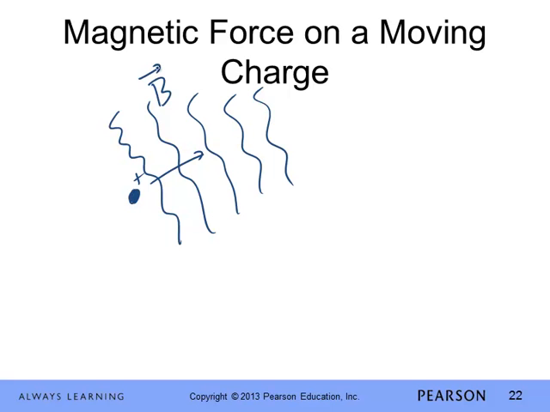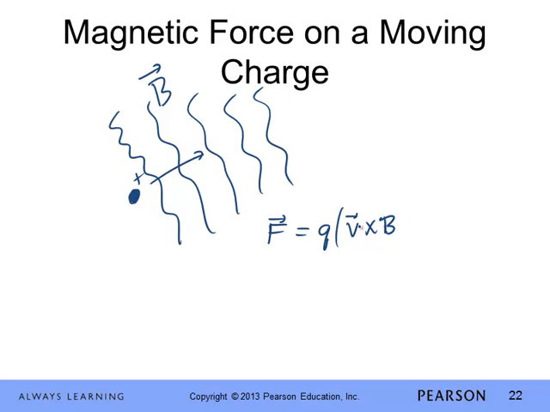And that force that's applied is given by, now what is Q? It's the charge. And is Q a scalar quantity or a vector valued quantity? It's a scalar quantity, so it's the strength of the charge, times, so it's the scalar multiplier of V cross B.